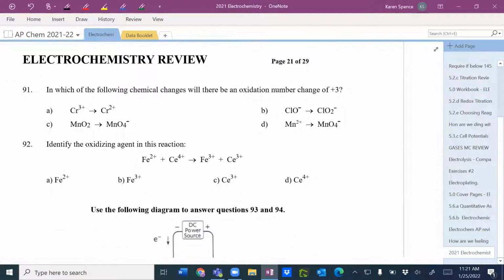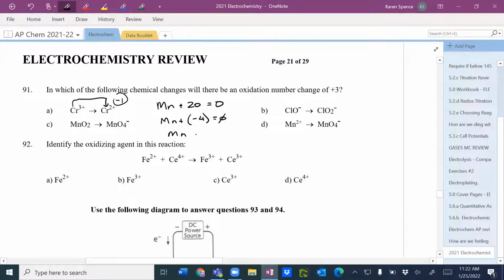So let's see, in which of the following chemical changes will the oxidation number change by +3? Well, obviously not this one. It went by -1, 3 plus to 2 plus. So we have MnO2, I have Mn plus 2O equals 0. It's like 20, but it's not, it's 2O. So Mn plus -4 equals 0.